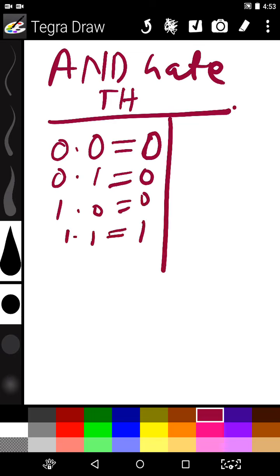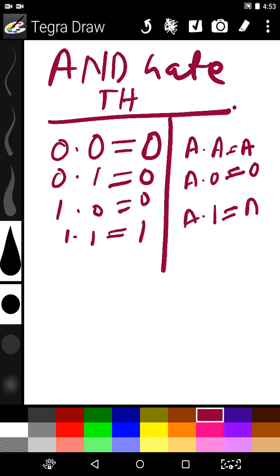This is the AND gate theorem, the first theorem. Second theorem: with A as an input, A dot 0 gives 0, A dot 1 gives A, and A dot A bar gives 0. These are the two theorems we have to remember.